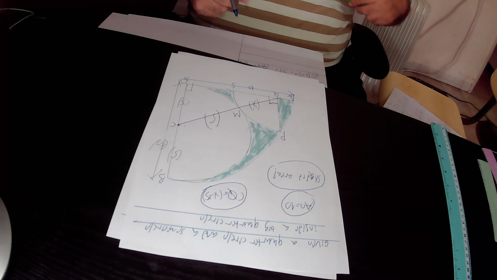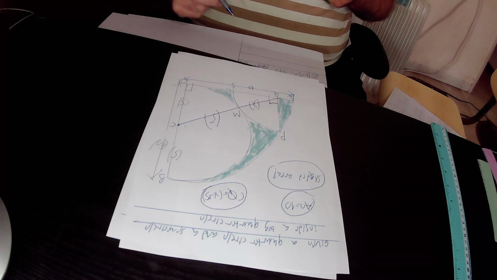In the next step, we'll join points O and P together by a straight line.